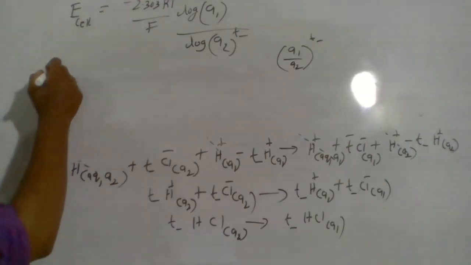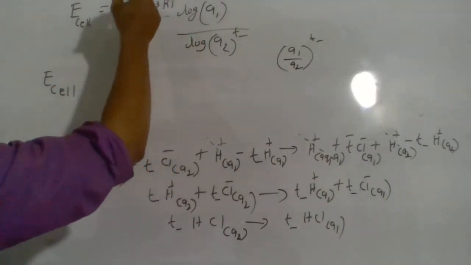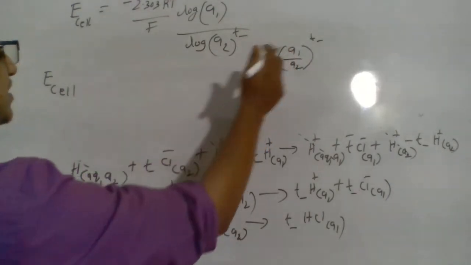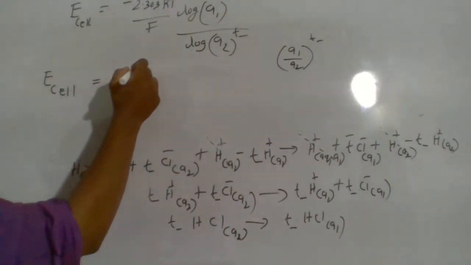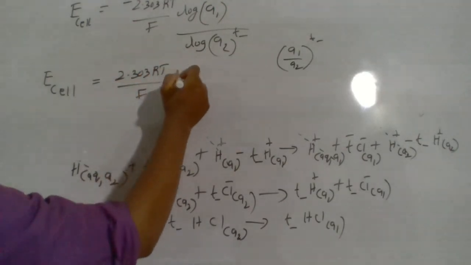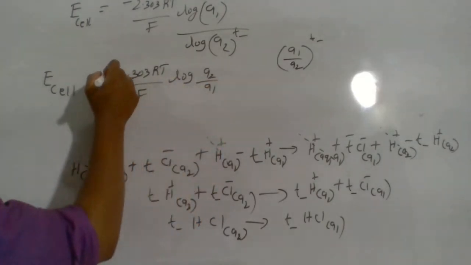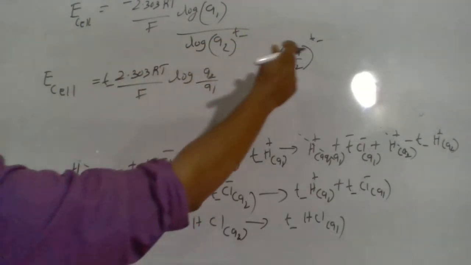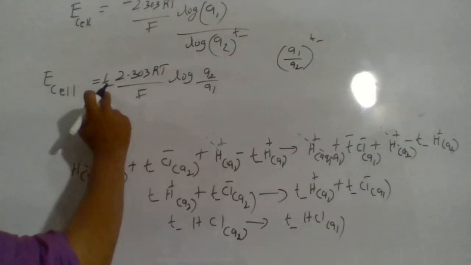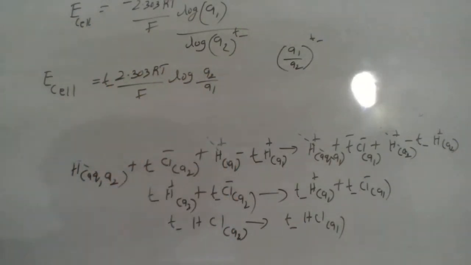So in the final equation, the negative sign can be reversed by changing this. So E cell is equal to t minus 2.303 RT by F log A2 by A1. Here t minus comes in front because it is the power.